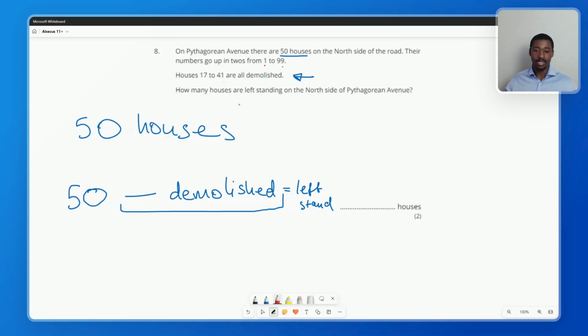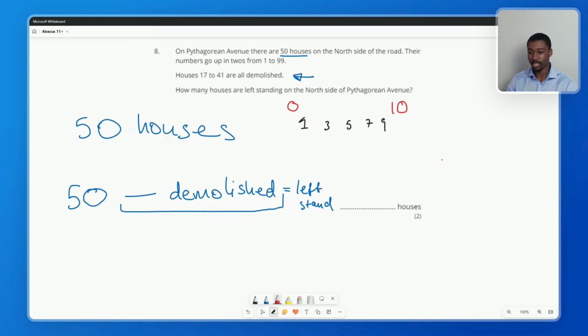So we need to understand how this is actually working. To work out how many houses are demolished, we can think about this very practically. Let's go back to the very start. We have 0 to 10. Between the numbers 0 and 10, how many houses are there if we're counting up in twos? We have house number 1, 3, 5, 7, 9.